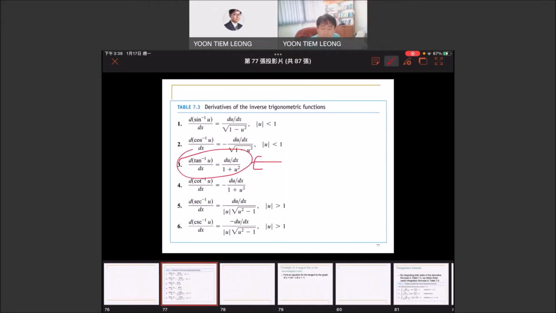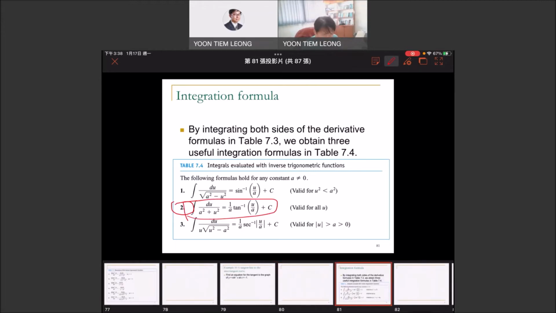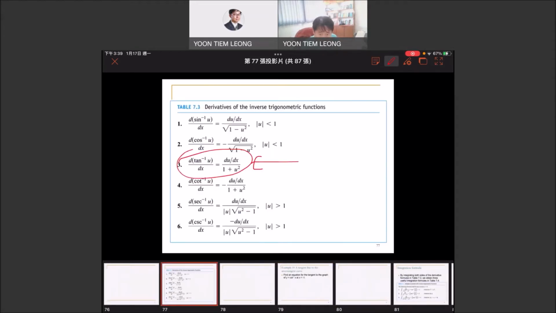So this is the differentiation of arctangent, and from here you could actually show it to arrive at equation number 2 shown on the screen, which is this one. In these versions of equation 2, you have an a, but in this equation here, the derivative has no a, but it's just only in terms of u.